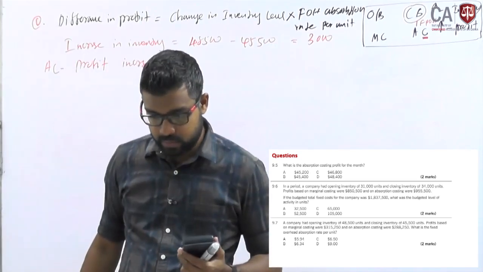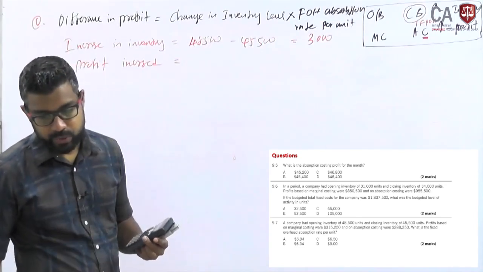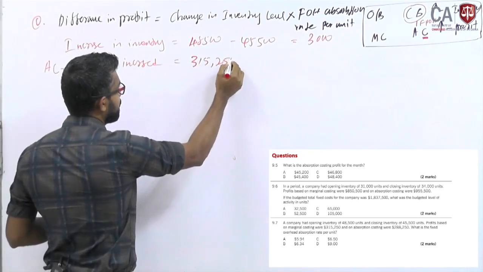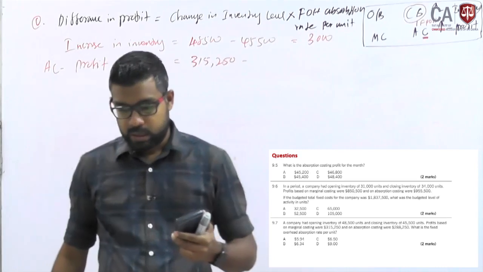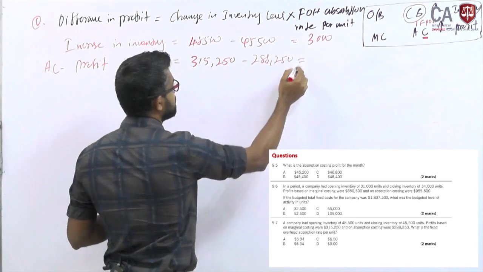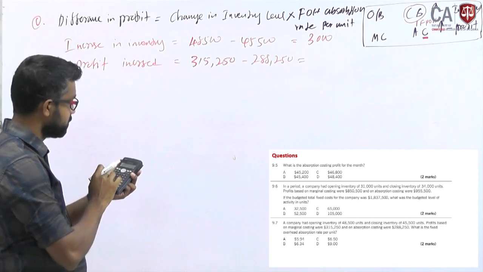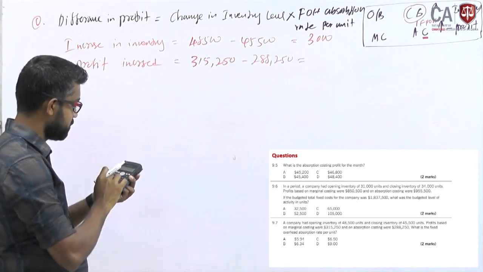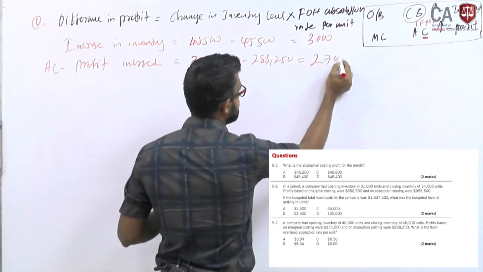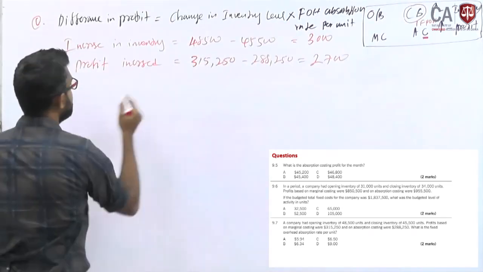Then profit under marginal costing 315,250, and under absorption costing 288,250. The difference is 27,000, right? They are asking what? Absorption rate.